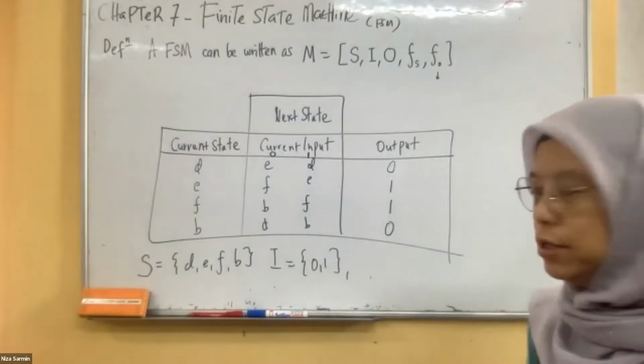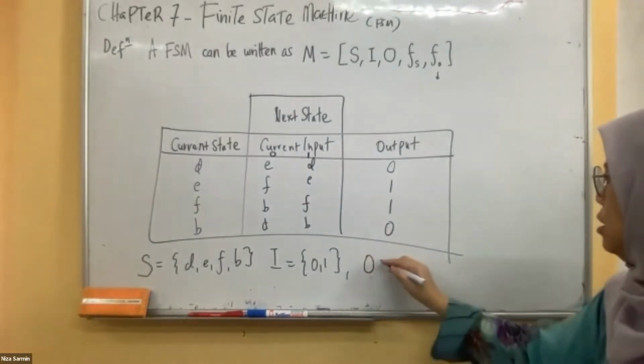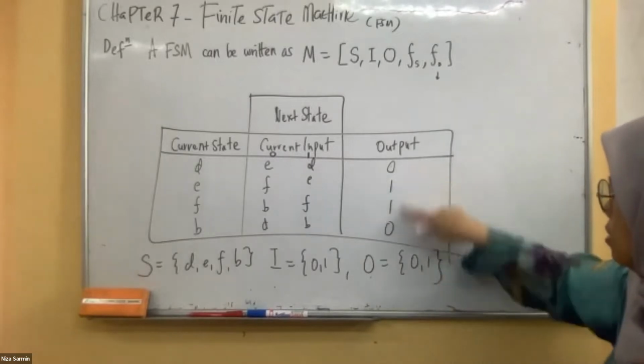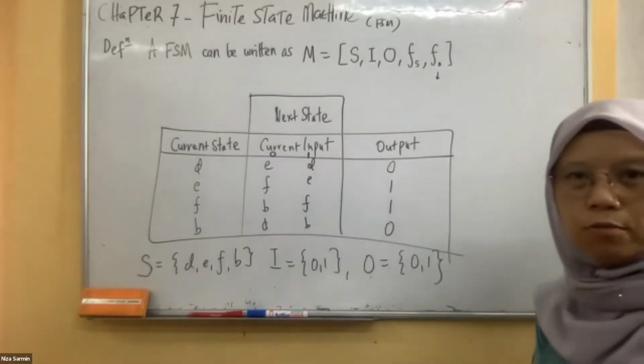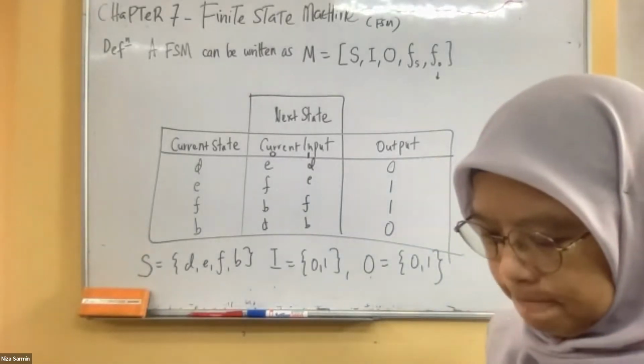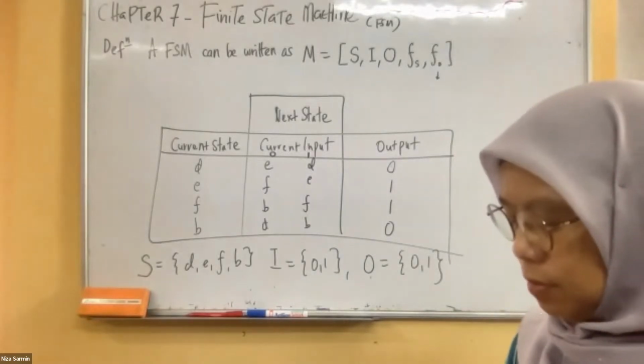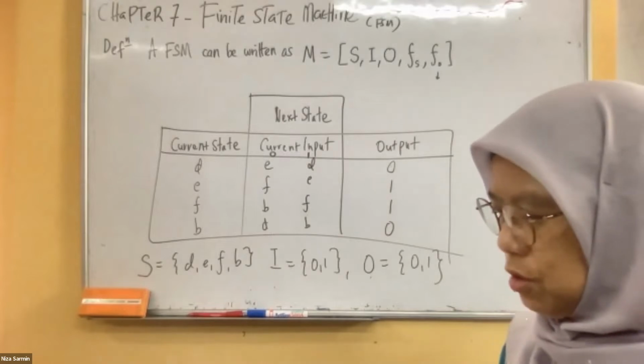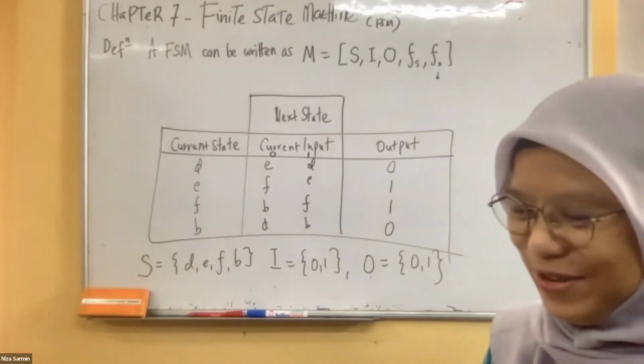List the output. The output is 0, 1. Actually, it's I and O. The O shouldn't be italic actually in my notes.